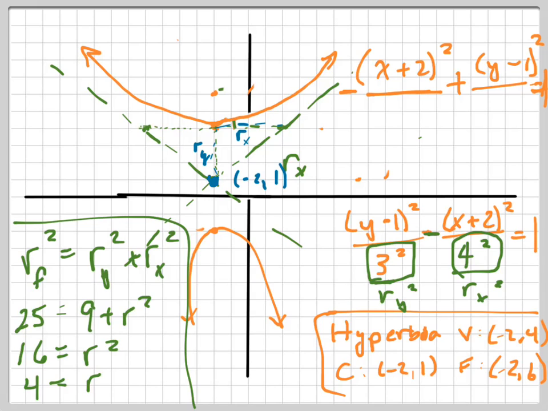The point-slope form of the equation of a line is y minus y1 equals the slope, r sub y over r sub x, times x minus x1. The only difference between these two dotted lines is that one has a negative slope and one has a positive slope. That's all you have to do to find the equation of the line.